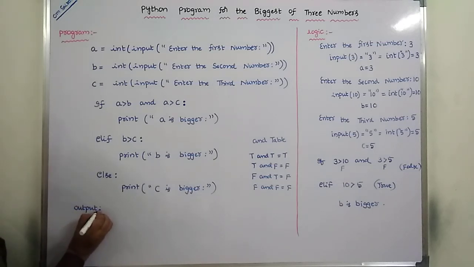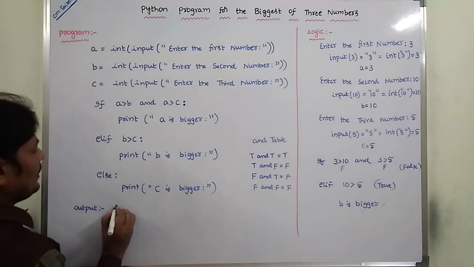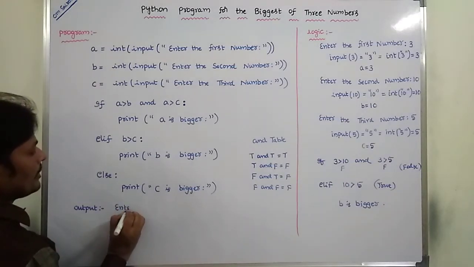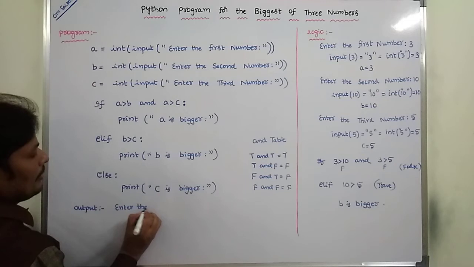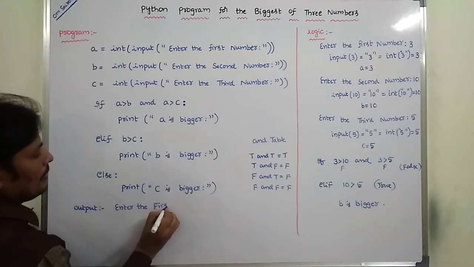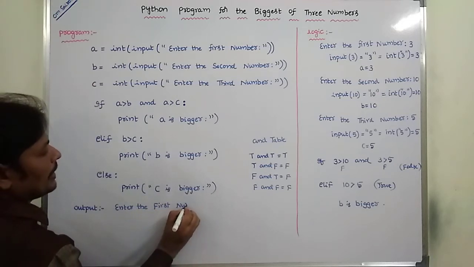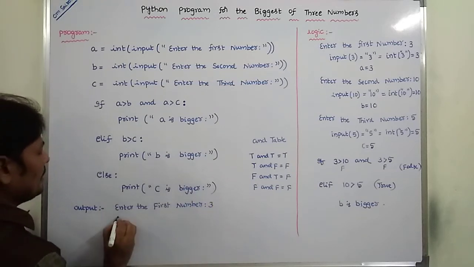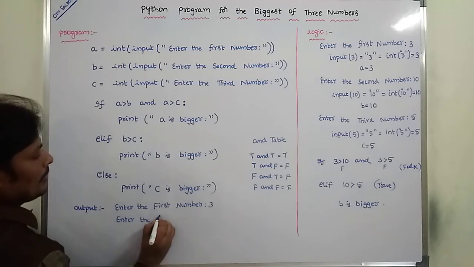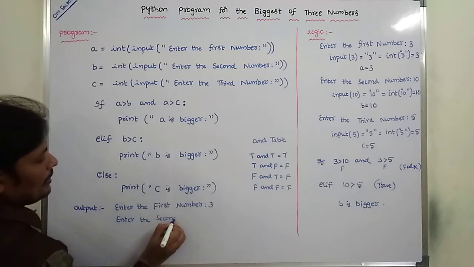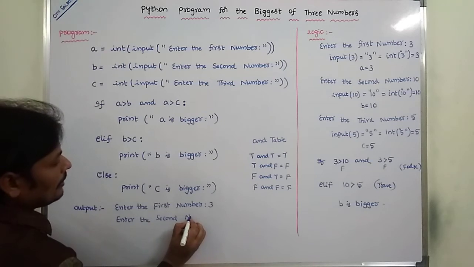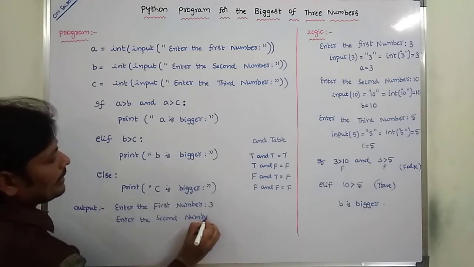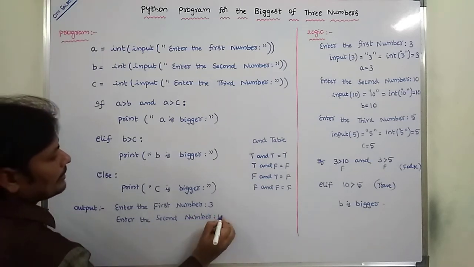Output. Enter the first number: that is 3. Next, enter the second number: that is 10.